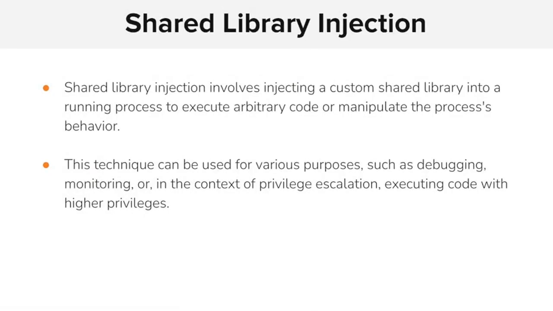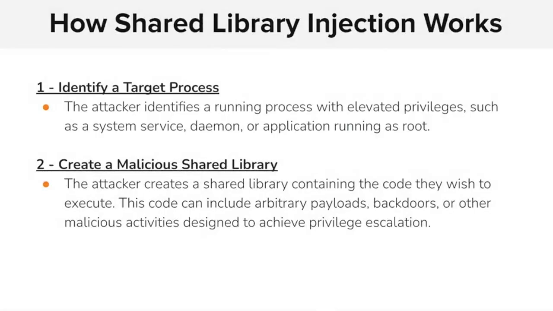Now, in terms of shared library or shared object injection, it pretty much involves injecting a custom shared library or object into a running process to execute arbitrary code and manipulate the process's behavior. This technique can be used for various purposes, such as debugging, monitoring, or, in the context of privilege escalation, pretty much allowing us to elevate our privileges. Now, in terms of how it works in relation to privilege escalation, we first need to identify a target process.